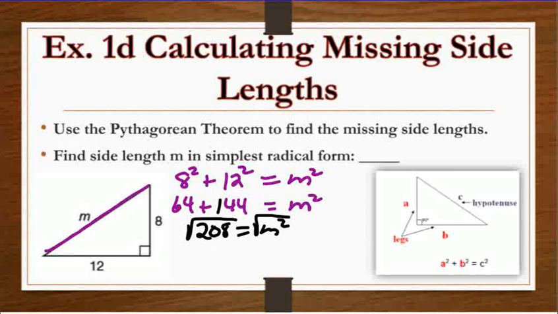And here it says in simplest radical form. So now I need to break down 208. I know that I can break this down as the square root of 4 times the square root of 52.